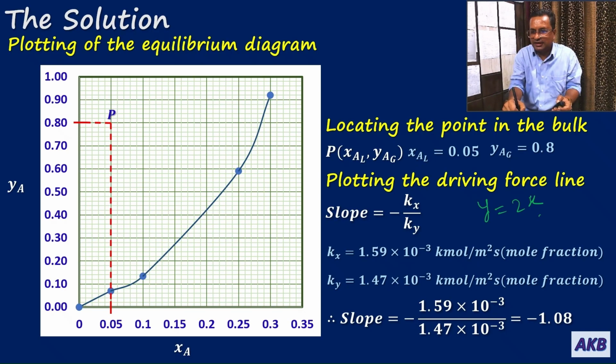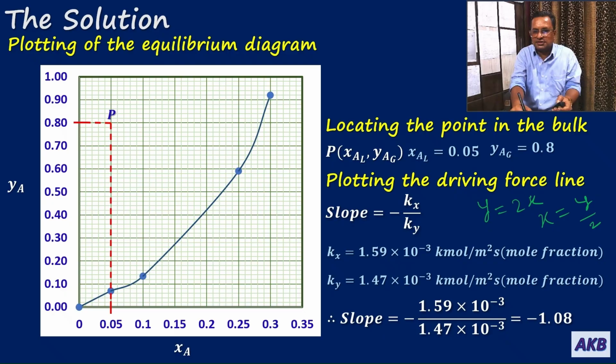So that is x is equal to y upon 2. And now I will be using the definition in order to get the driving force line of the required slope. I will be using the definition of tan theta.